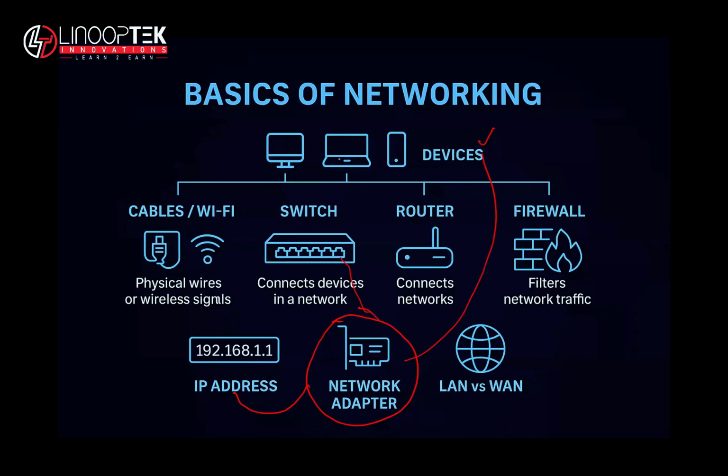So these devices eventually connect to the switch, and one port of the switch connects to the router, which basically takes your traffic to the outside world. In between, there is a firewall over here, which filters the network traffic. It basically says, hey, which machine can come in, and which machine can go out. That's the firewall's role.